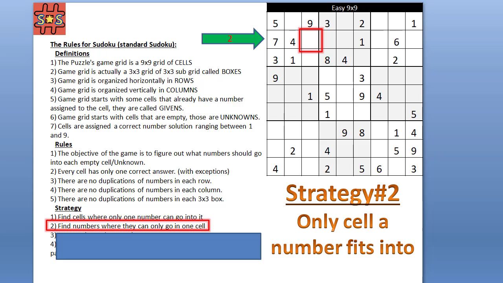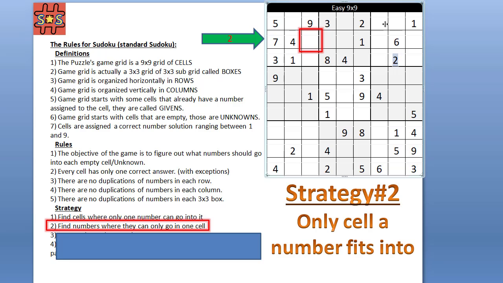All right. Going back to our rules about rows, if we look at this 2 here, this row has a 2, and this row has a 2. That means there has to be a 2 placed into this row.